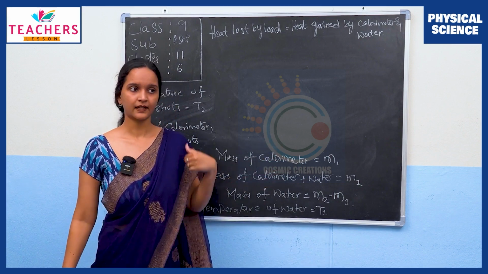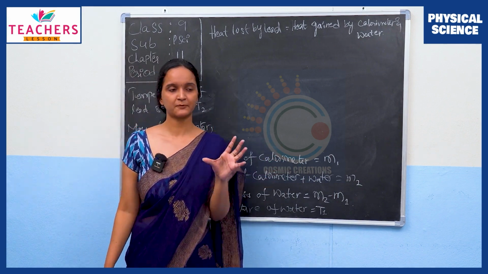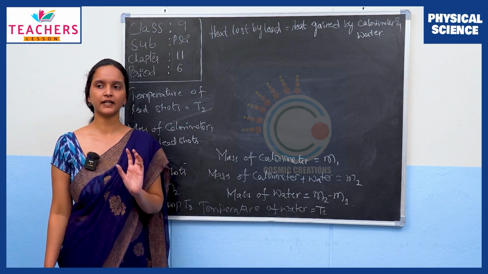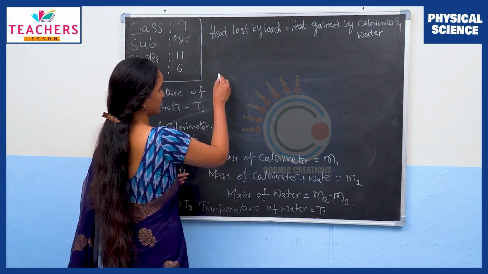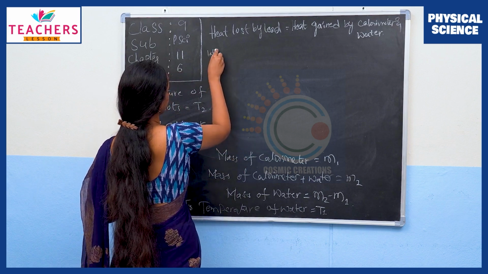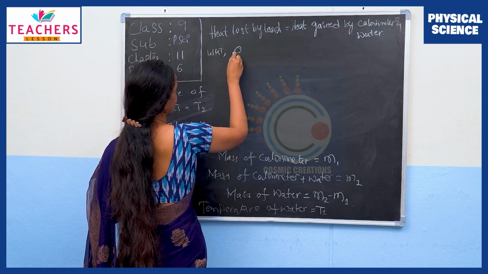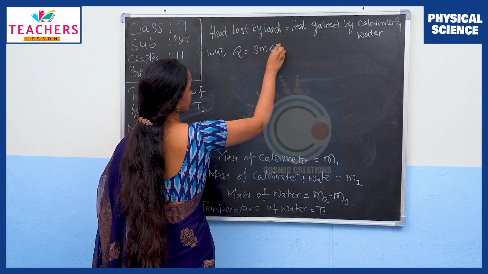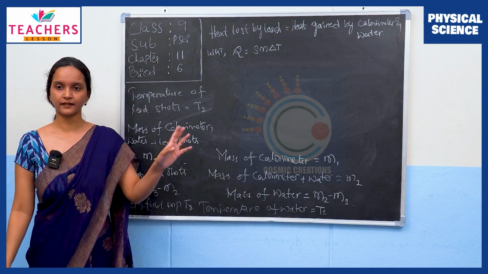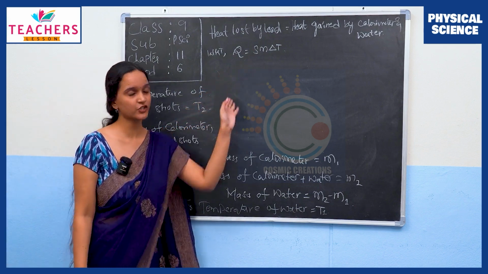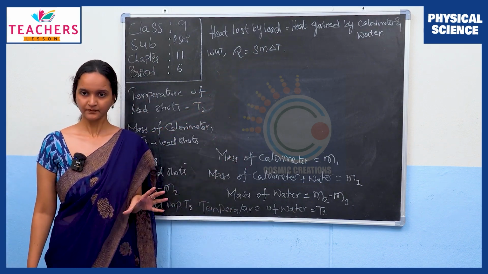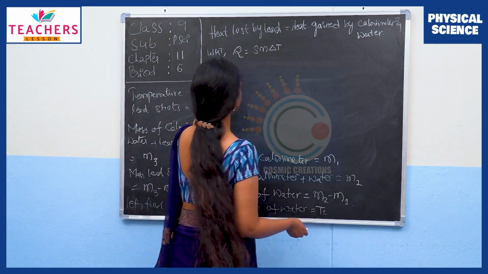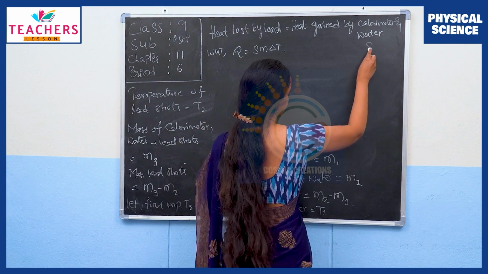Clear? Now, from the formula of specific heat, we know that S equals Q by M delta T, or in other words, Q equals S M delta T, specific heat, mass and change in the temperature. Alright, now let's say the specific heat of lead is SL.